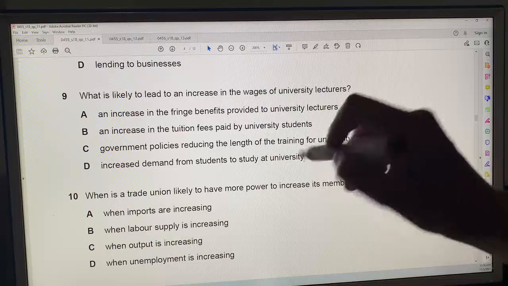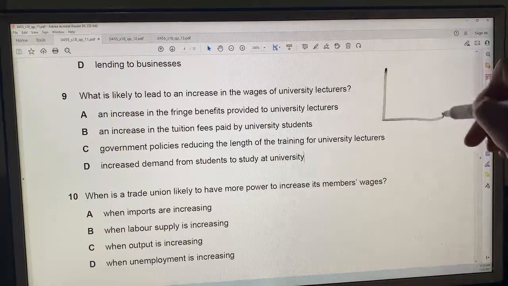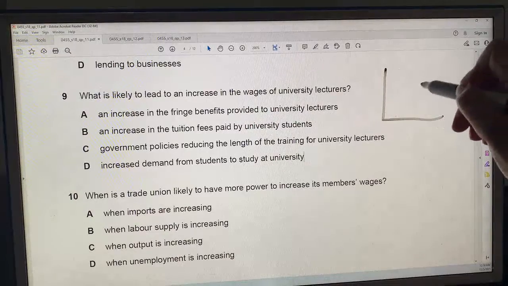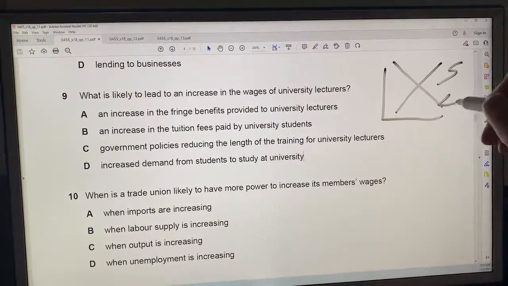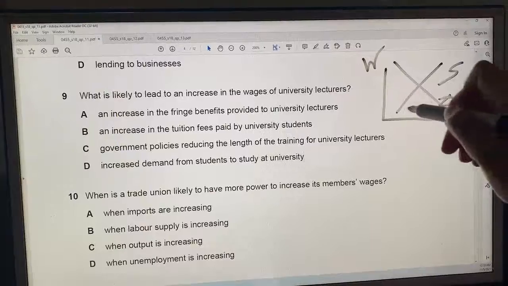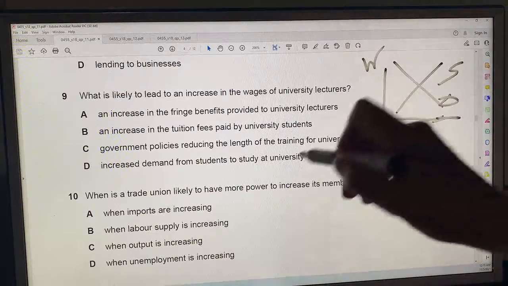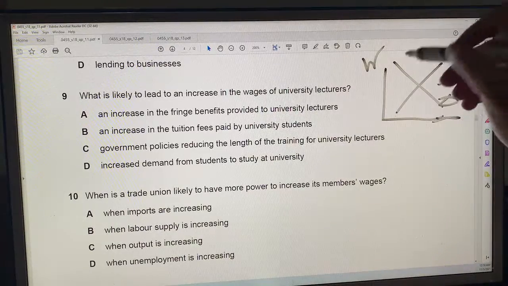The reason is because this is certain, and we can do the supply and demand for labor, and this is wages. Let's see, this is like an increase in the demand for the product.